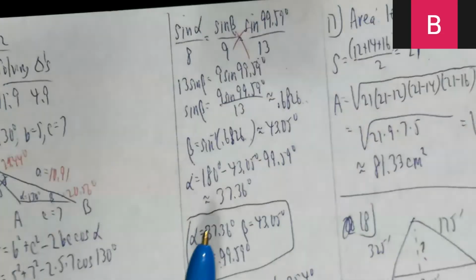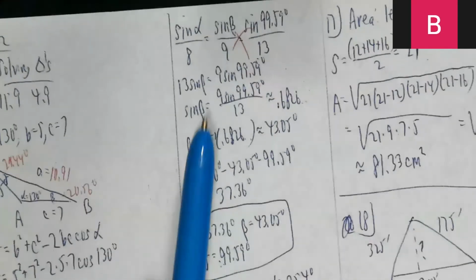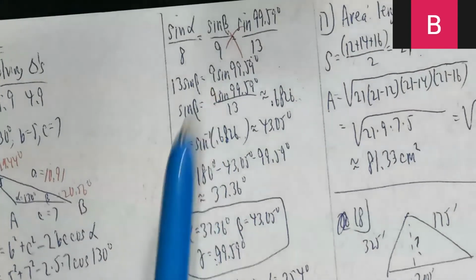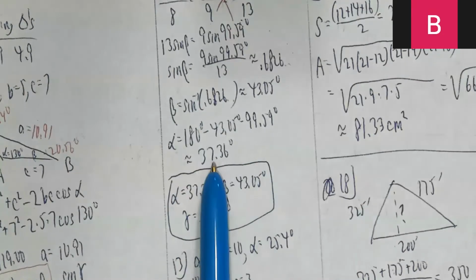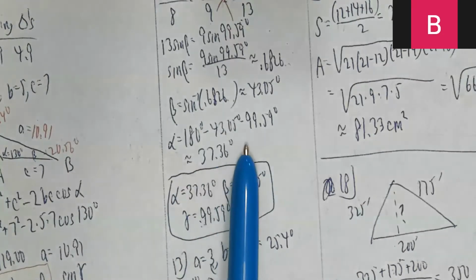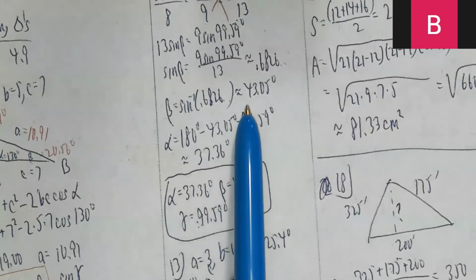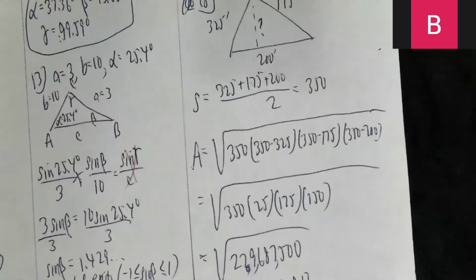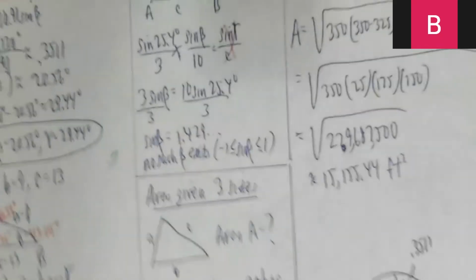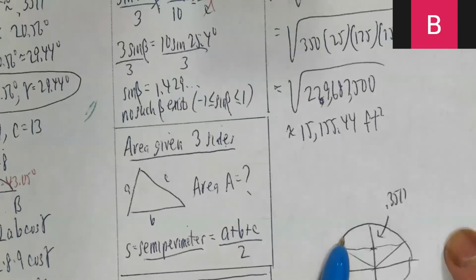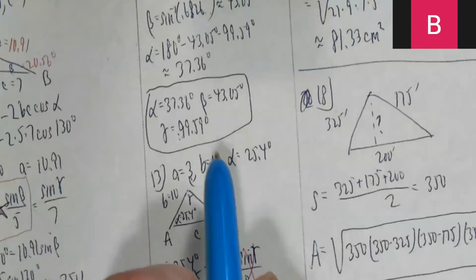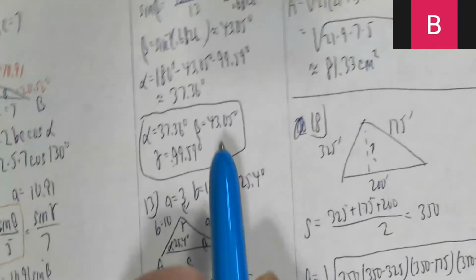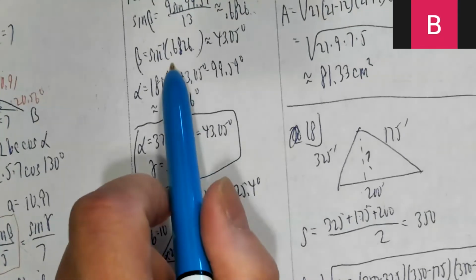And now, here's why you aim for the largest angle. If you aim for the largest angle, when I hit inverse sine, I got my first quadrant angle, 43.05. But there's another angle in the second quadrant for which the sine of that angle is 0.6826.